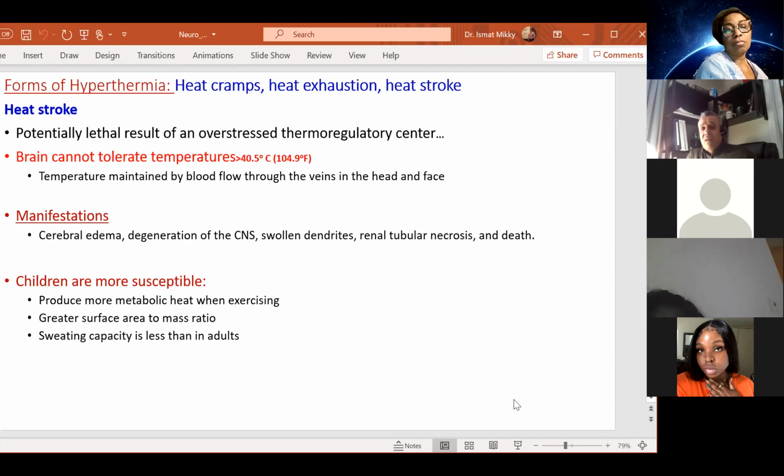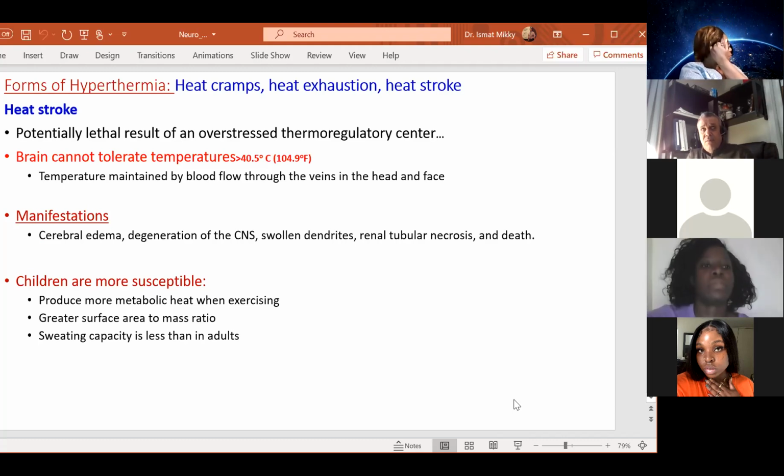That would result when the heat loss mechanisms fail. The failure of these heat loss mechanisms will result in heat stroke. Another manifestation associated with heat stroke would be renal problems, what is called renal tubular necrosis.